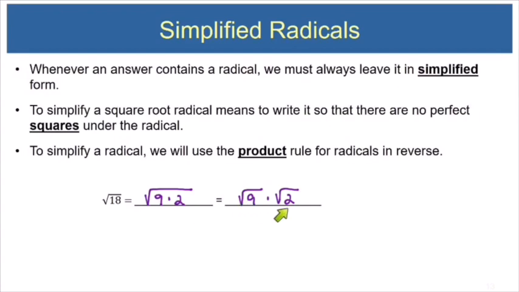So that would give us 3 times the square root of 2. And this is a simplified radical because the number under the radical does not contain any factors that are a perfect square.